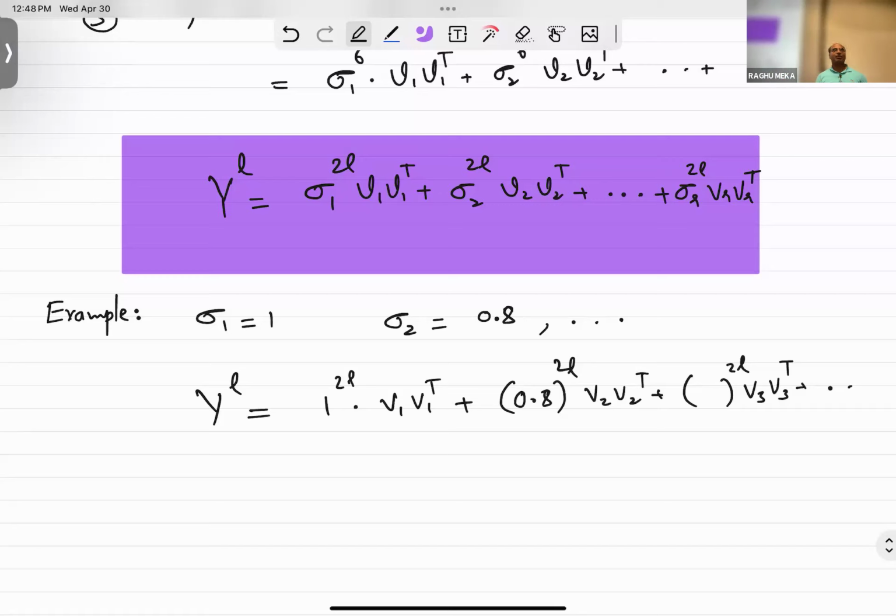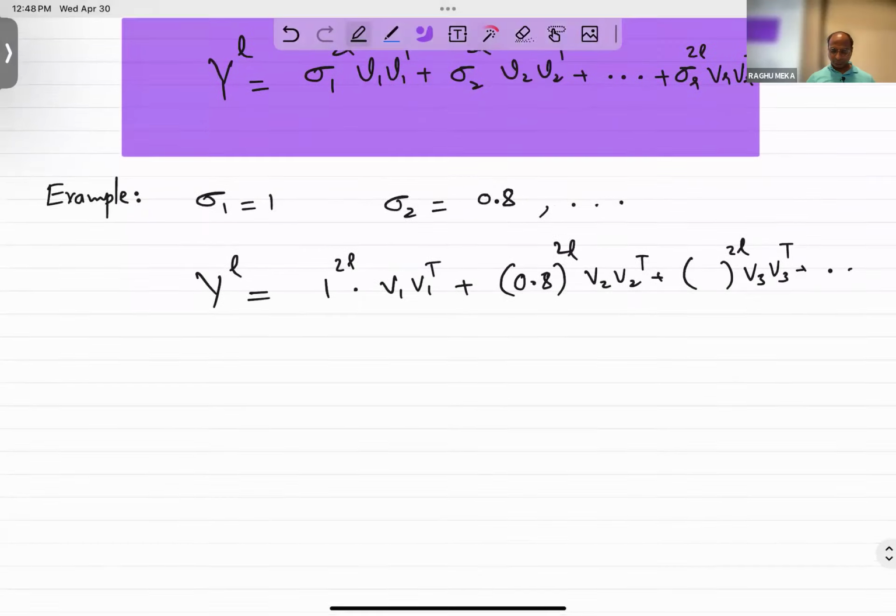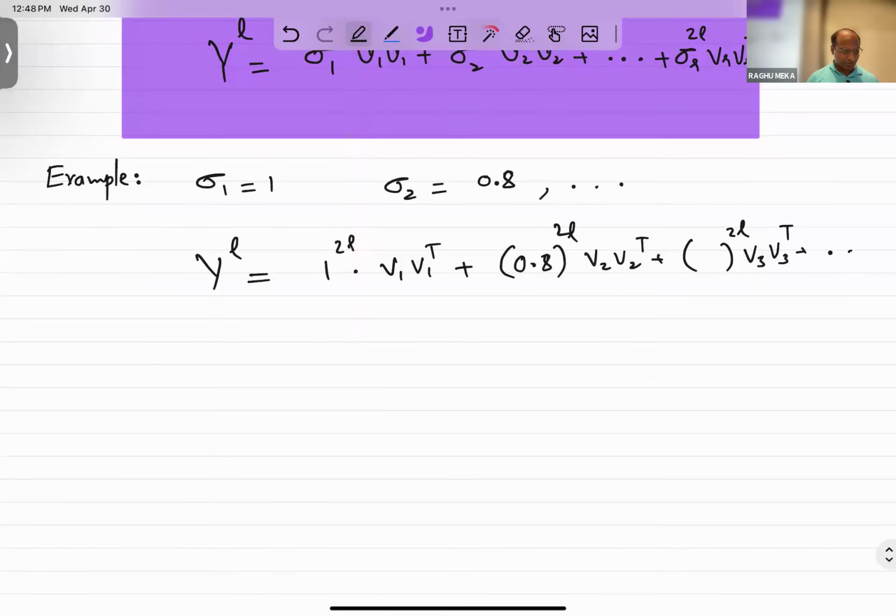By simply powering y, I'm magically picking out the first singular vector. So that's the intuition. We'll make it formal in a second. As L goes to infinity, y to the L really goes to V1 transpose.